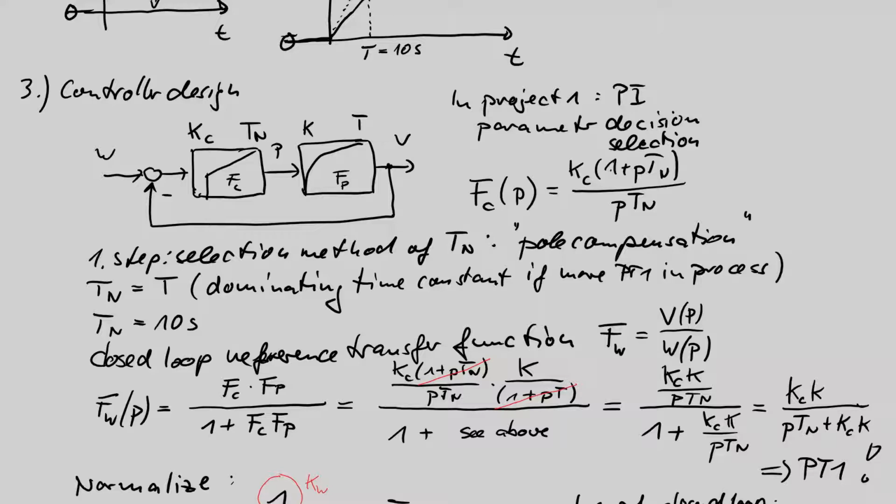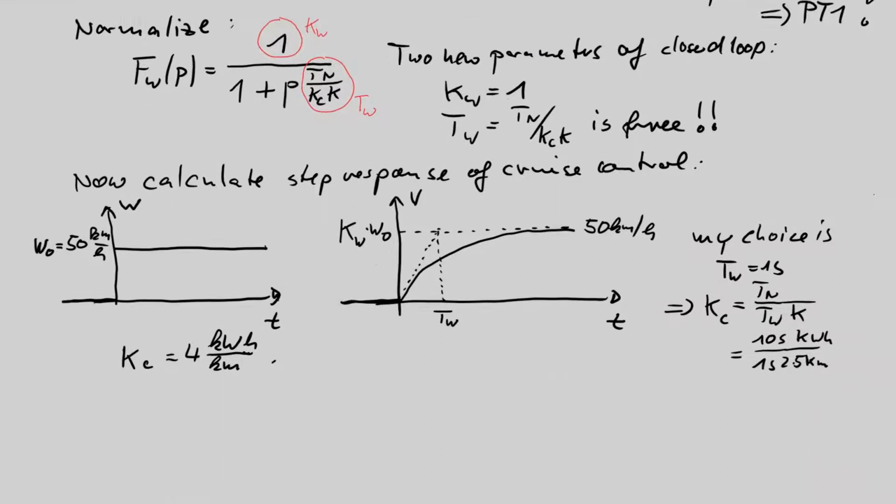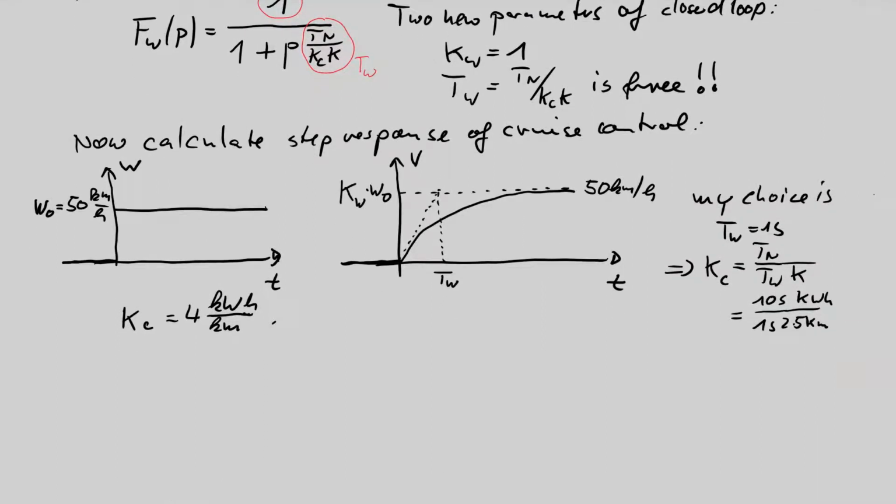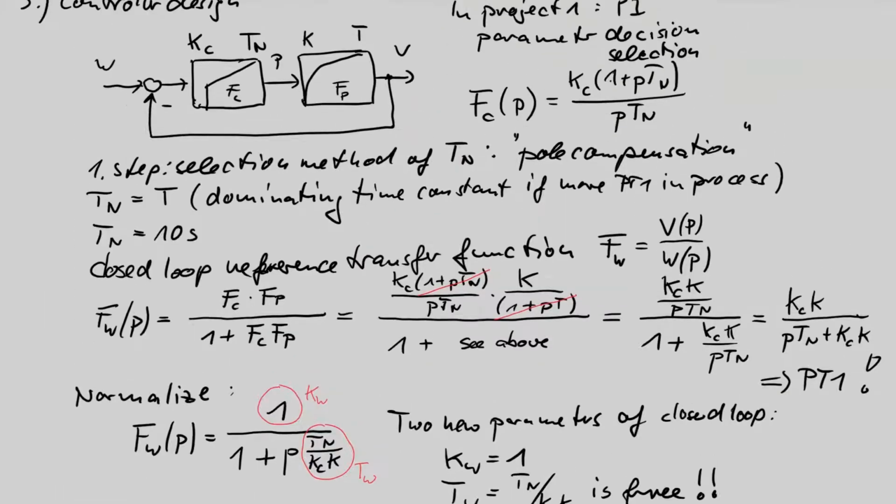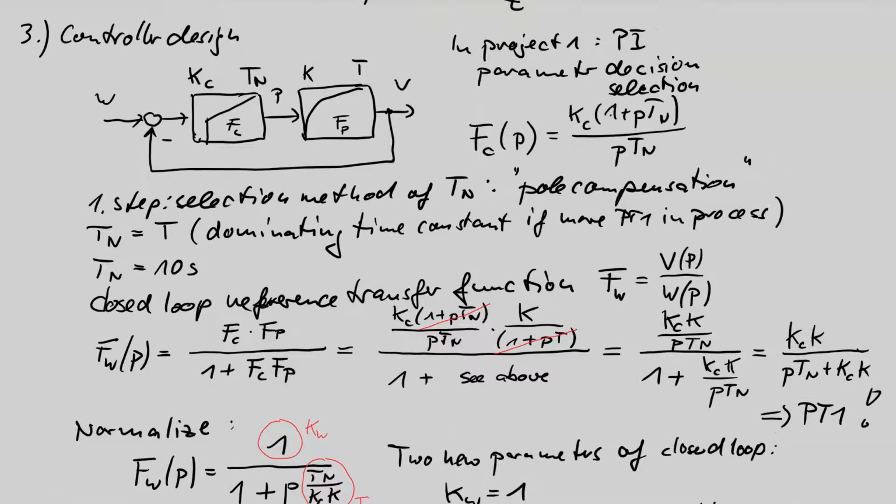And with this K, you can be very, very fast. Now that's the result, the first discussion. But of course, we should check what happens, and that is the next step.